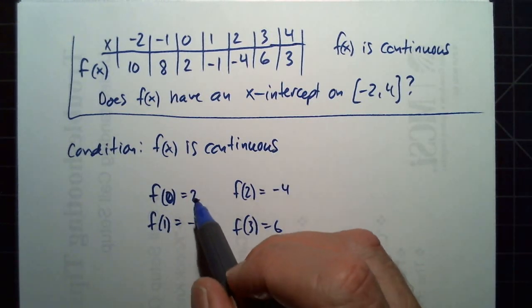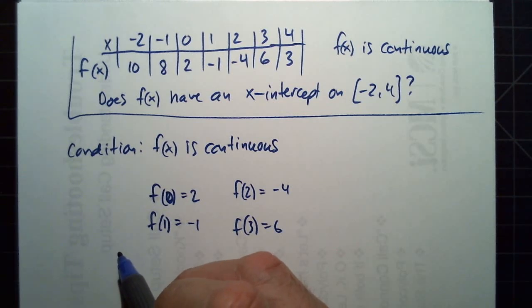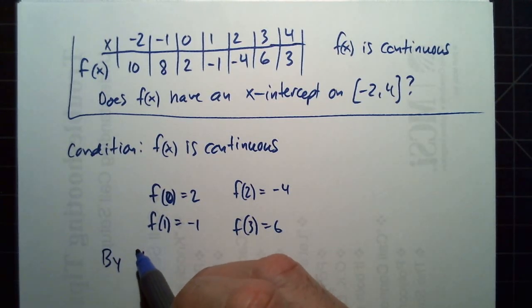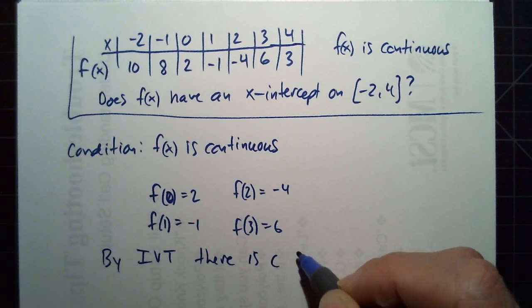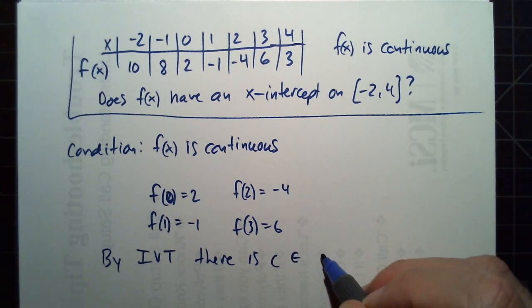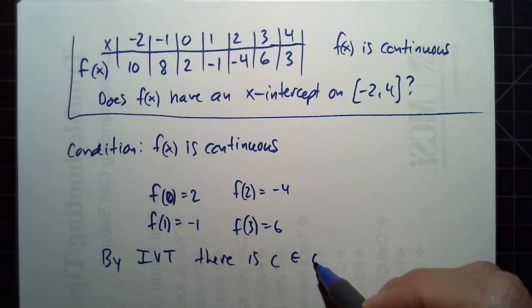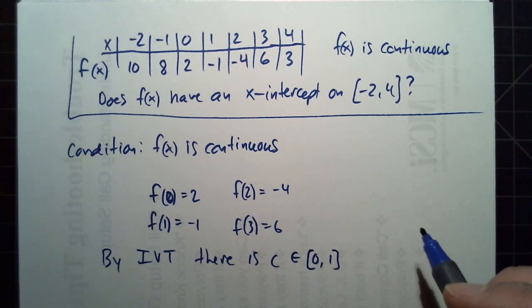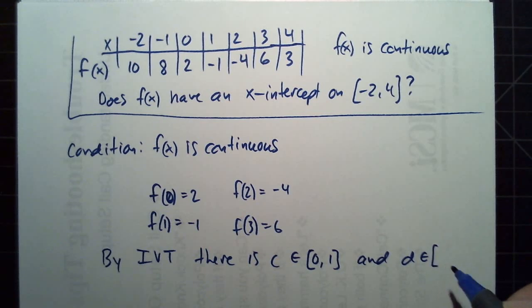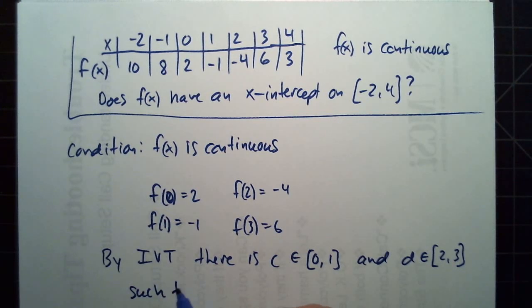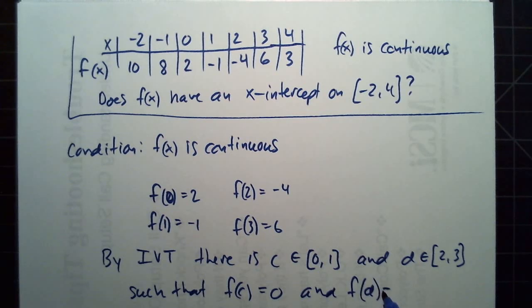Because f is continuous, and because this is true, we can say that by the intermediate value theorem, there is a c on the interval from 0 to 1, and we'll just say d on the interval from 2 to 3, such that f of c equals 0 and f of d equals 0.